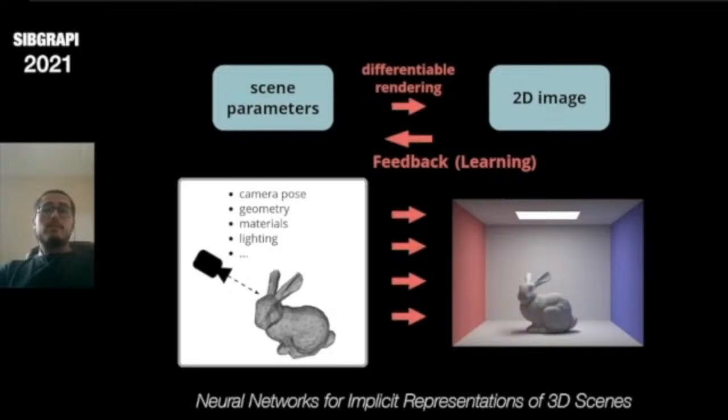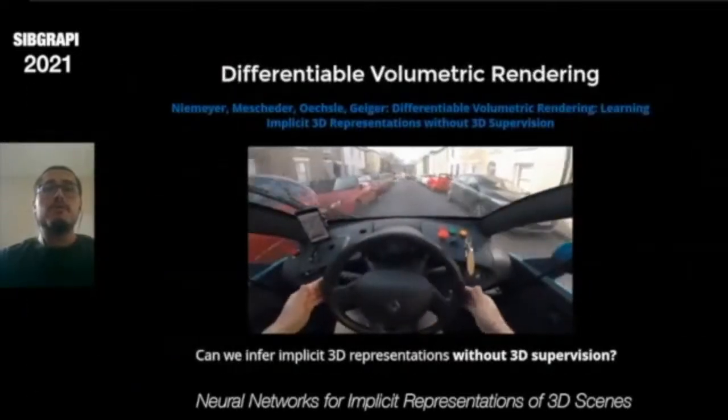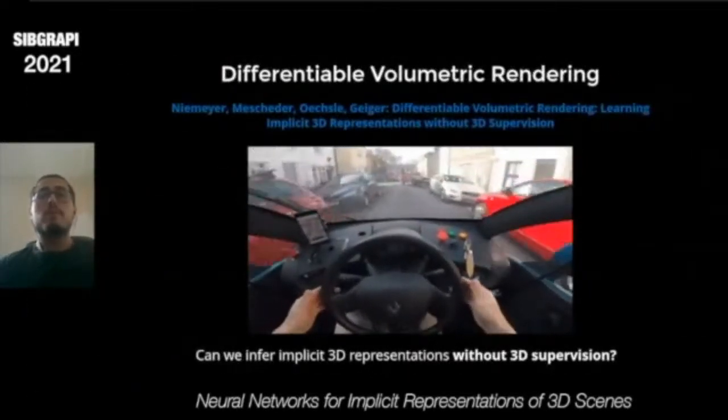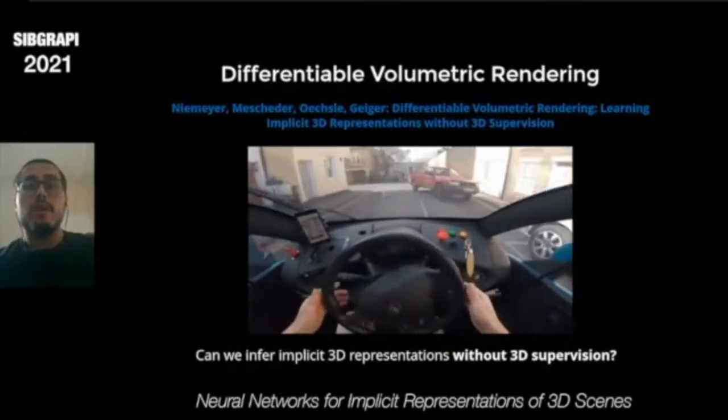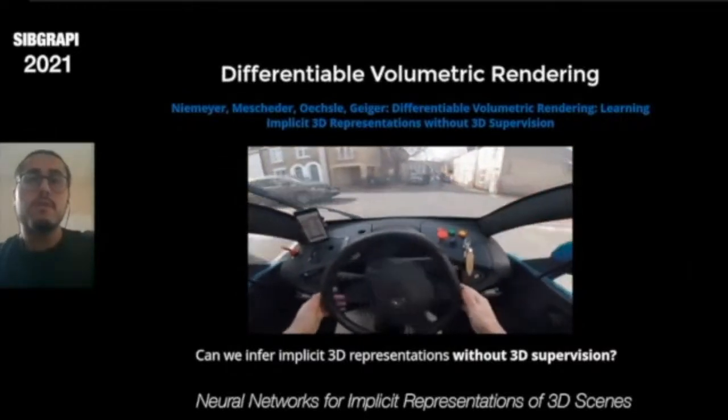And as we're going to see in the deep implicits context, we're going to be interested in reconstruction of geometry and also in the appearance parameters. Okay. So the first method I want to talk about is differentiable volumetric rendering. It's from this group from Germany, right?